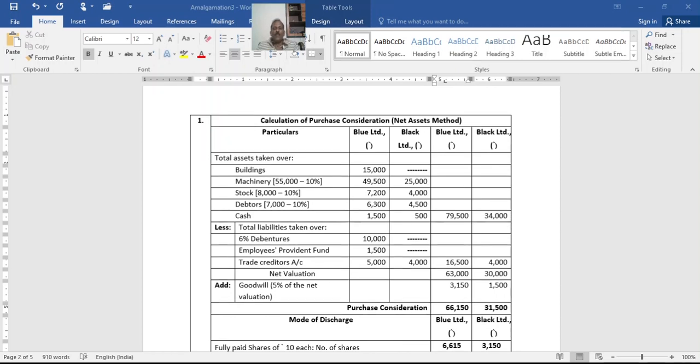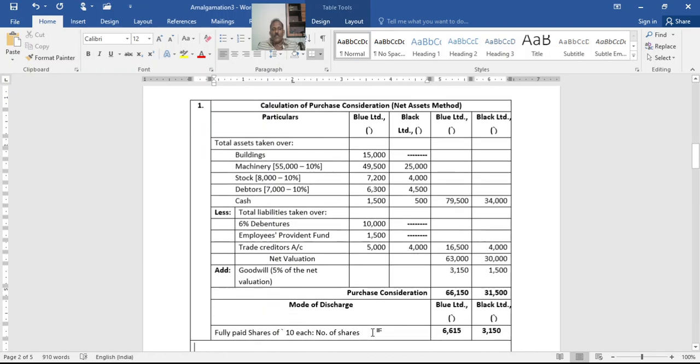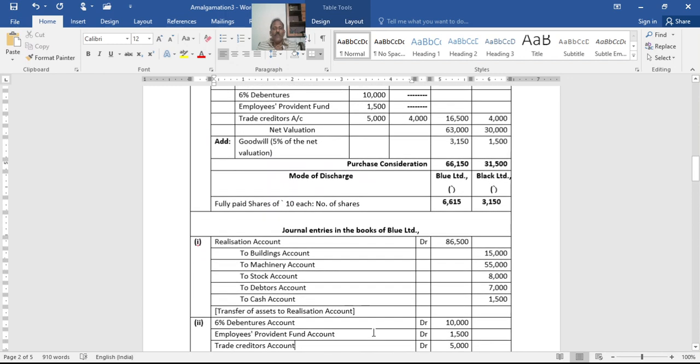So now about the settlement of purchase consideration. It is given in the problem that the total purchase consideration will be settled in the form of issue of 10 rupee shares. The new company is formed with the authorized capital of 1 lakh in 10 rupee shares. So face value of shares will be 10.